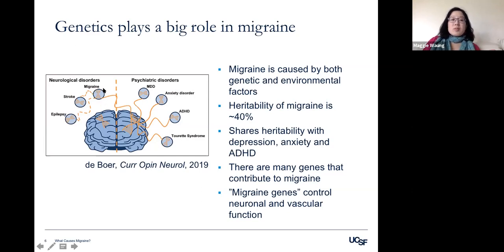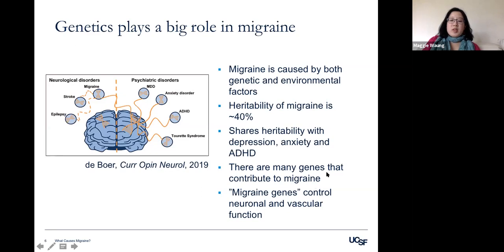But what's really interesting is that migraine is more strongly associated with some psychiatric disorders like depression, anxiety, attention deficit hyperactivity disorder, and Tourette syndrome. So not only are people who have migraines more likely to have depression, people who have depression are also more likely to have headaches. So we know that genetics plays a big role in this.